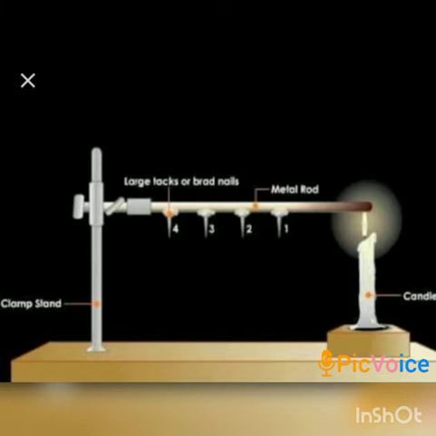After some time we will observe that the pins start falling down one by one from the side being heated. This happens because of the transfer of heat through the metal and subsequent melting of the wax. This simple activity shows that there is a transfer of heat from one end of the metal rod to the other end by the method of conduction.